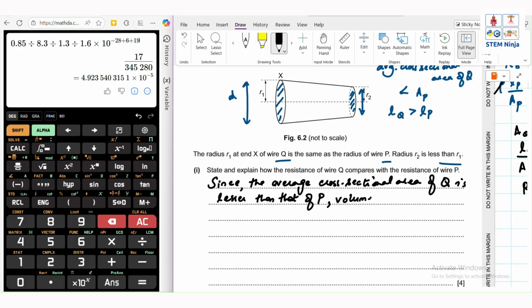Volume is compensated by a longer length of Q.